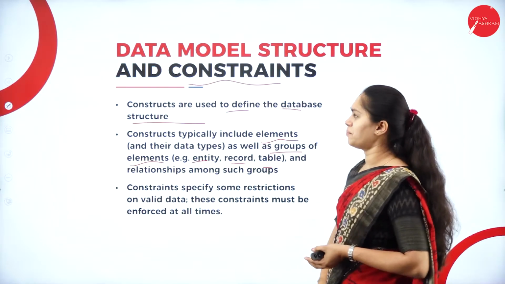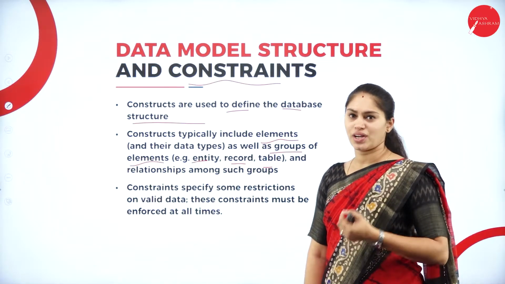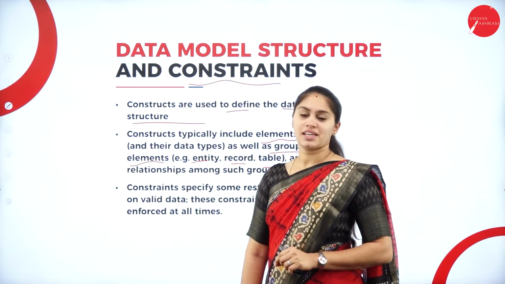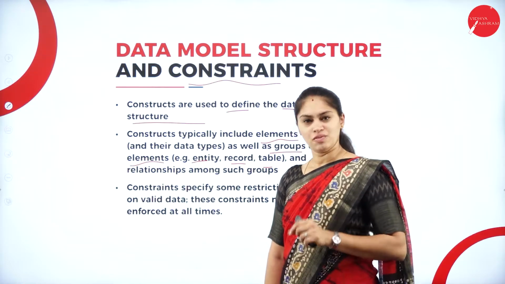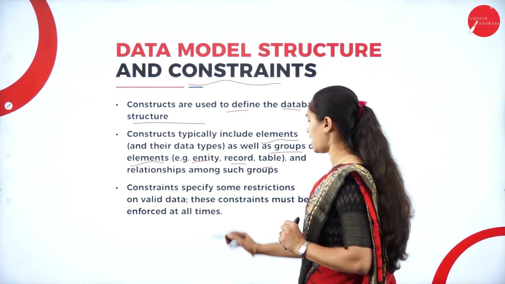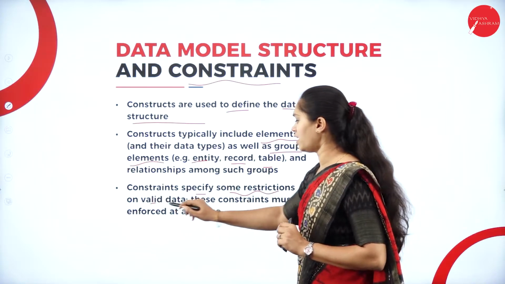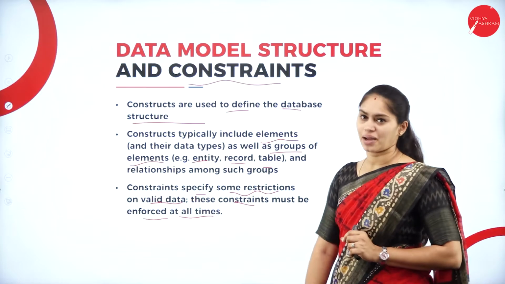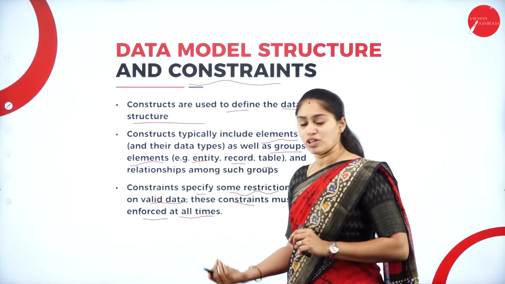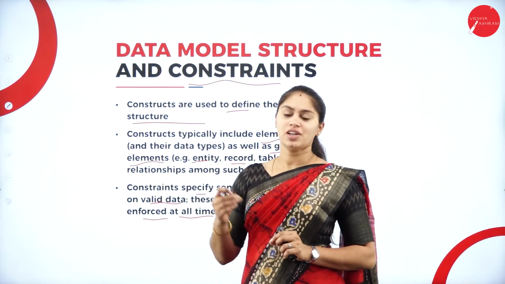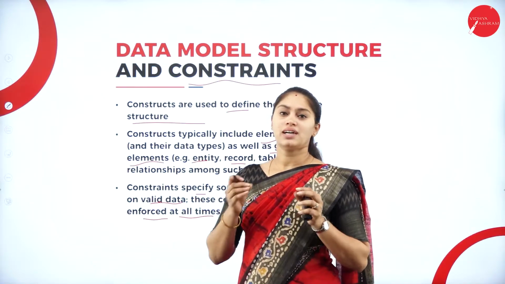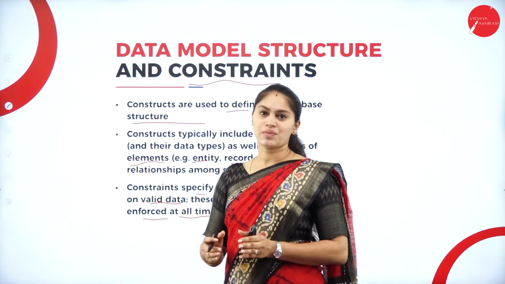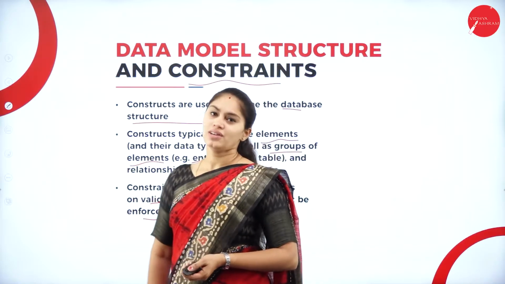Everything needs to be represented with the help of constraints. And in order to give security and privacy for the data, we use constraints so that they specify restrictions on valid data. These constraints must be enforced at all times. So if I want to include new data, the new data also has to satisfy the constraint. You have to remember that.